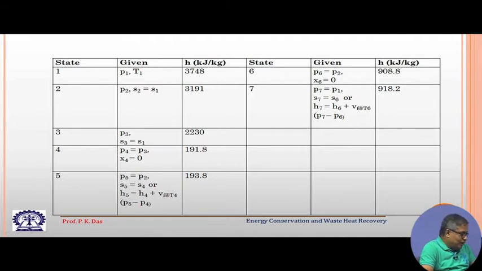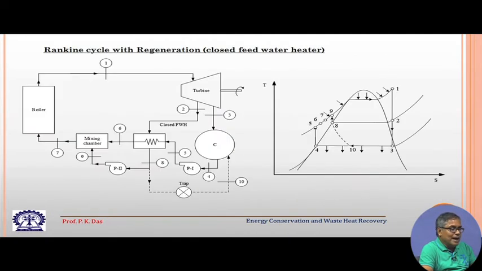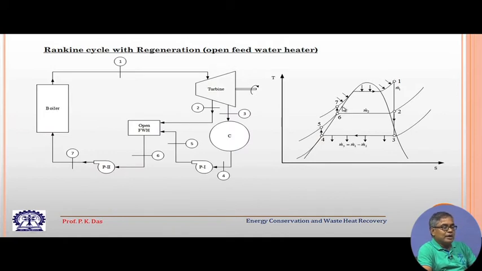Now you see, from point 7 this much heating will be done in the boiler itself. This is the economizer part of the boiler, and then there will be evaporation and superheating.